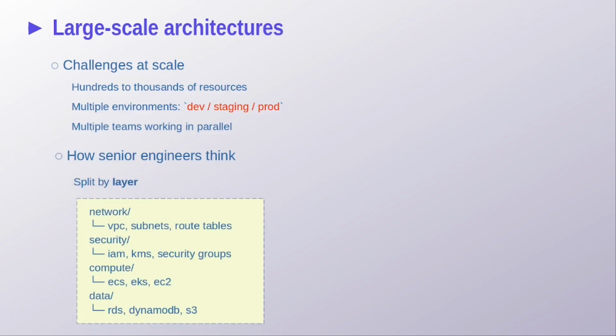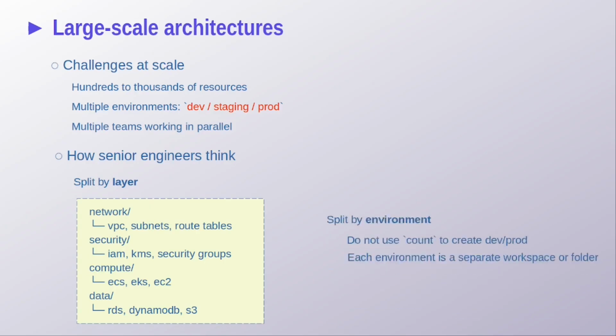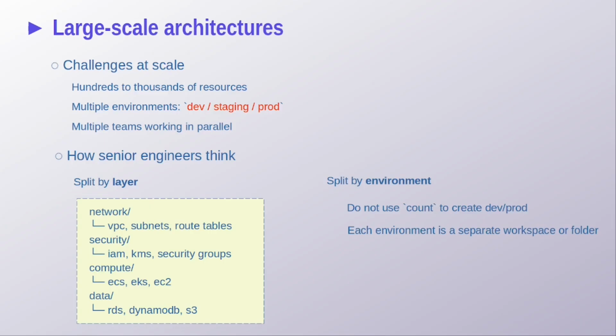Split by layer. Instead of one giant Terraform project, split by responsibility. Why does this work? Each layer has its own state, clear ownership, and clear dependency flow. Split by environment.